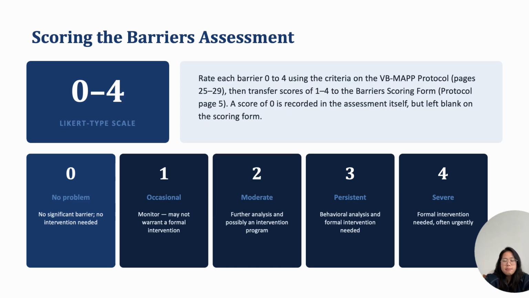A 3 means a persistent problem in need of a behavioral analysis and a formal intervention program. And lastly, 4 means a severe problem behavior occurring several times a day, sometimes presenting a danger to the child or others, that needs a formal intervention program, often urgently.